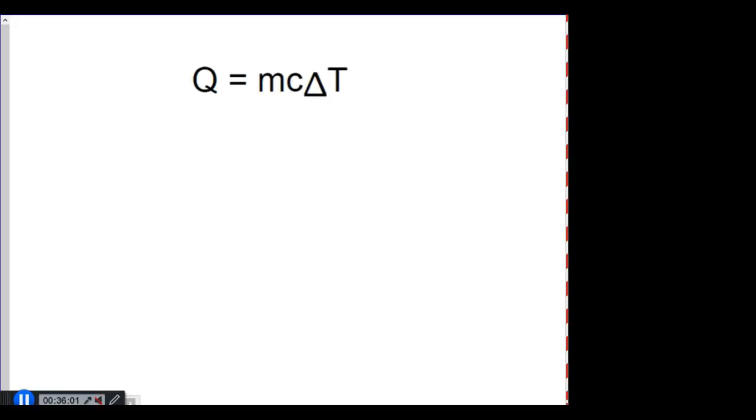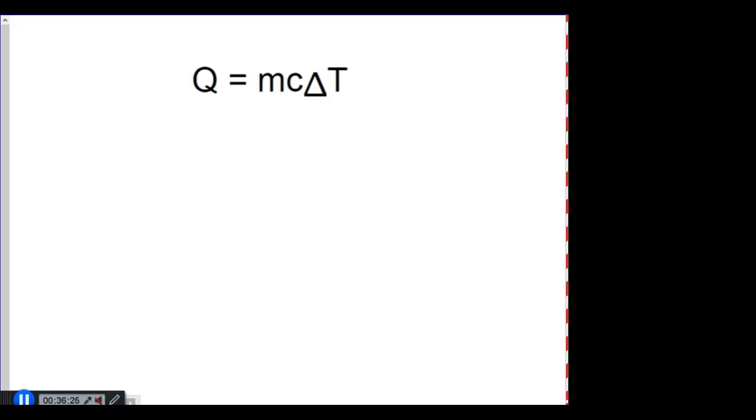This is what the formula looks like. Q equals mc delta T. Q is heat energy.